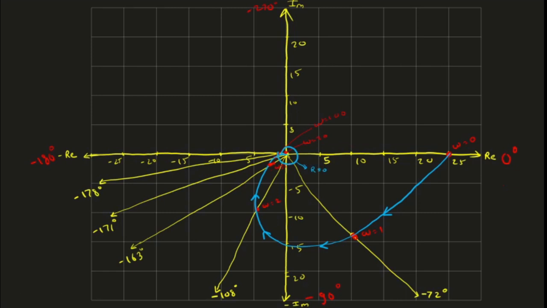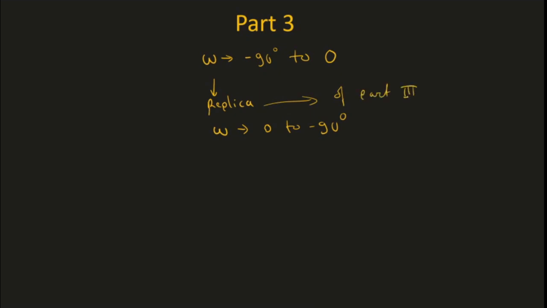Okay, now the third part is nothing but omega varying from minus 90 degrees to 0. So this is exactly a replica of omega varying from 0 to minus 90 degrees. So we can draw this replica of part 1. So part 3 will be an exact replica of part 1.